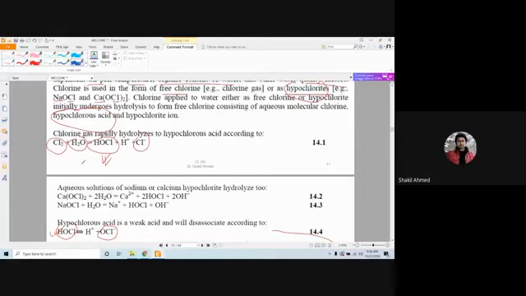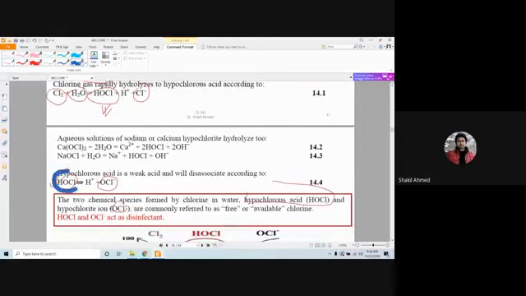What we got? We got hypochlorous acid and hypochlorite ion. These two are the main agents who kill the pathogens, who have the disinfection capabilities. That's what they're telling here.